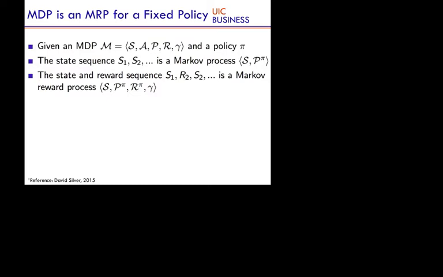Okay, where this P superscript pi is a function of the full description of the Markov decision process parameter. Because you fixed the policy pi, you fixed the ways in which you can go to the next state.